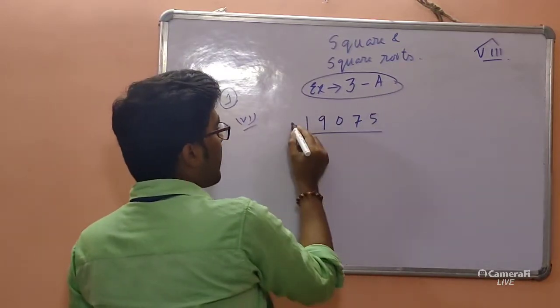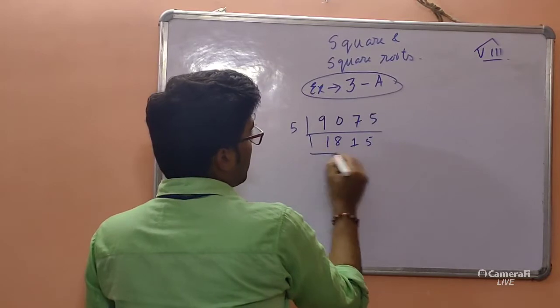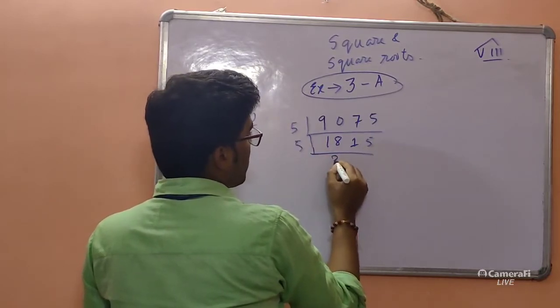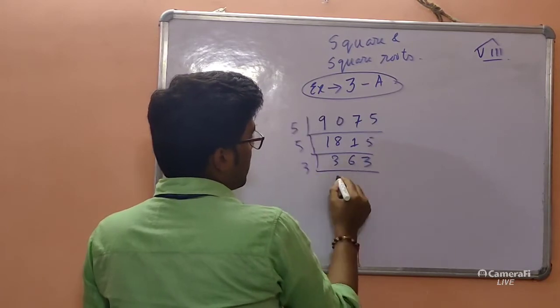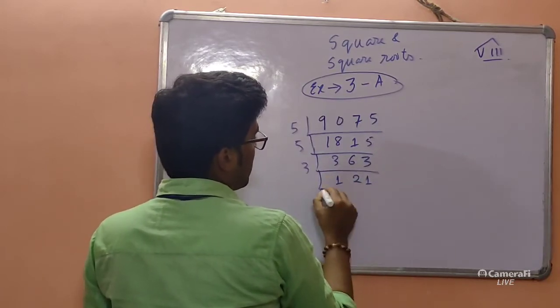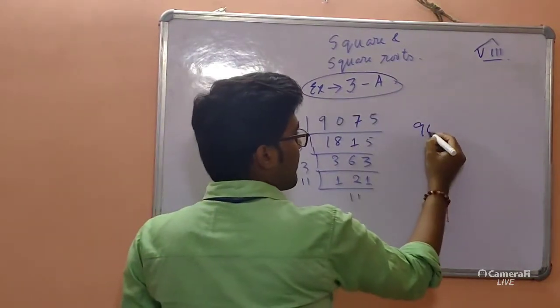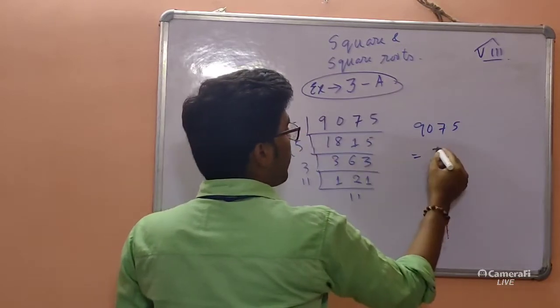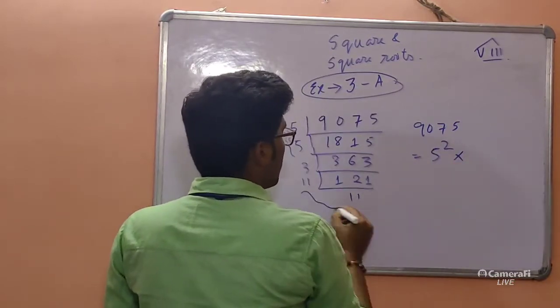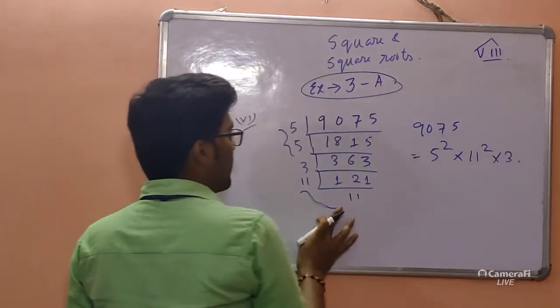Since the unit digit is 5, it will be divisible by 5. Again 5. Clear? Therefore 9075, what can we write? For the two 5s, 5 square. For the two 11s we have 11 square, but 3 remains.